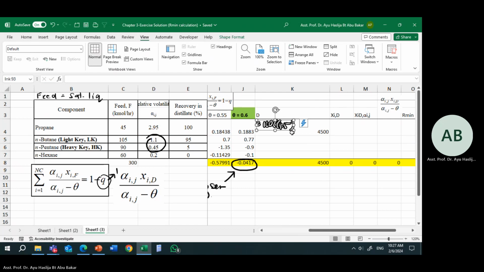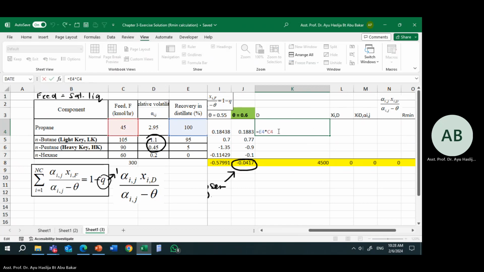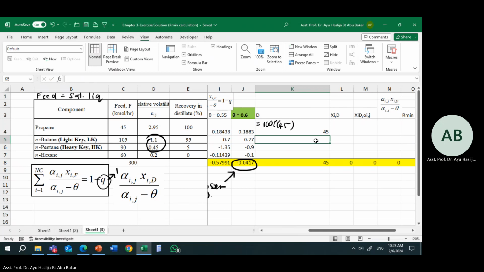Sorry, not 100, 1. 45 multiplied by 1, the 100%. So in, out, 100%. What goes in, comes out.